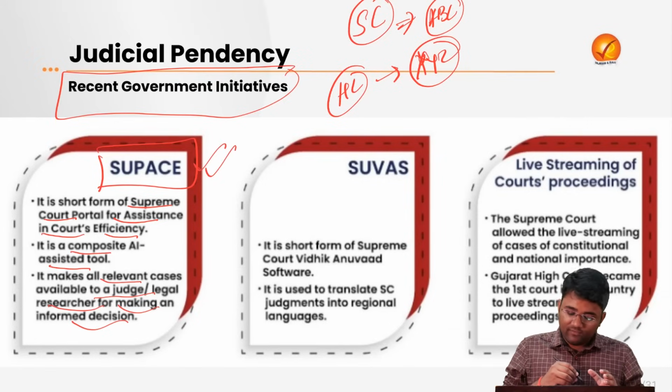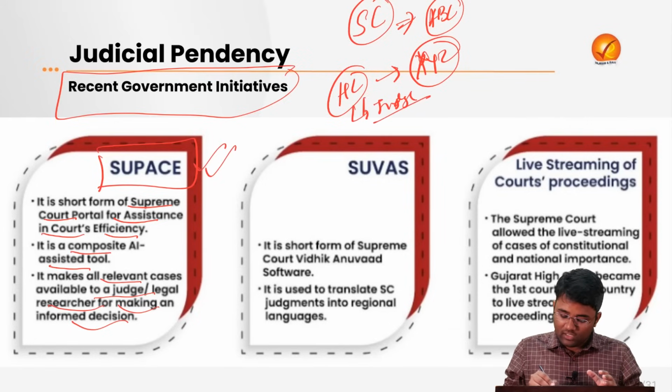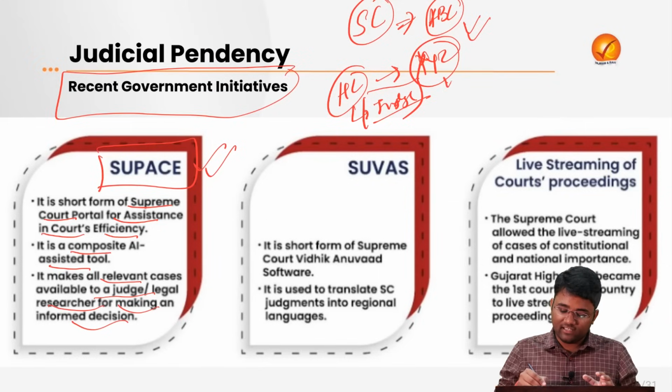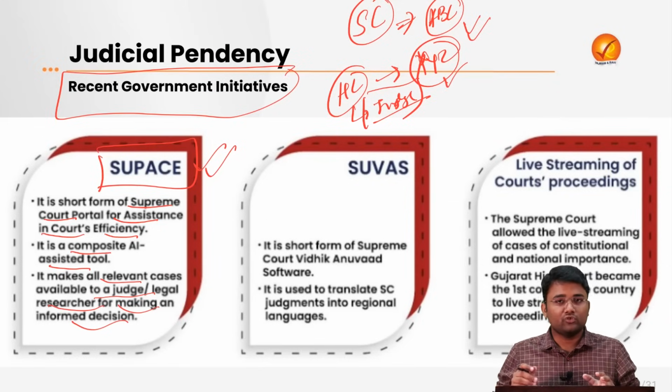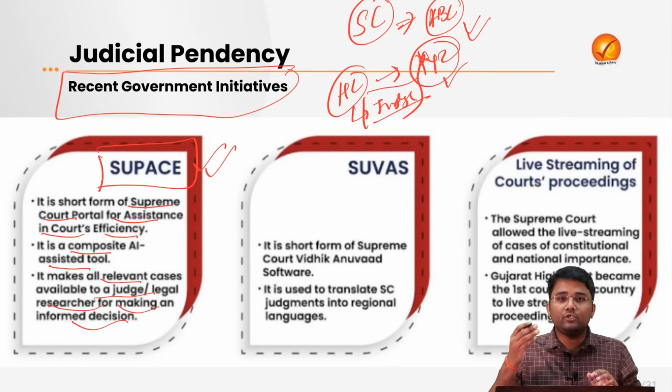Now SUPACE will help this honorable judge of the High Court have all the information related to all the case laws related to this XYZ case. So they will have all the details related to one particular case properly streamlined. That will help in reducing the time that a judge will need to study one particular case or the related aspects of that case.